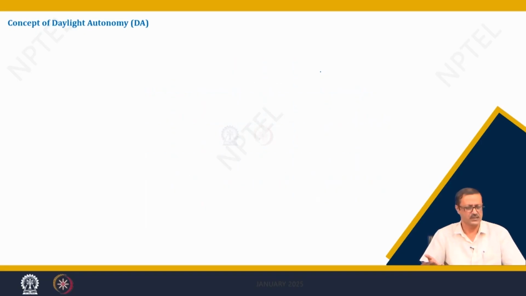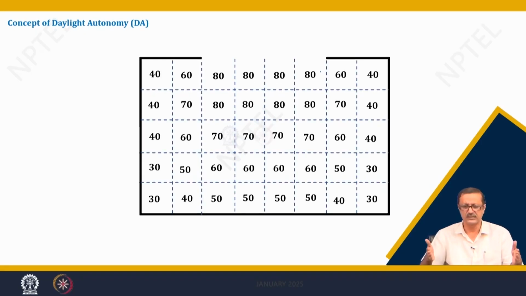Here, because of the increased window width, with the same area and same orientation, you may end up with 30% in the corner. So, more area is illuminated. If you remember in the last slide, only 4 grids were 80, now 8 grids are 80 or so. So, from an illumination point of view, this particular window aperture is better.